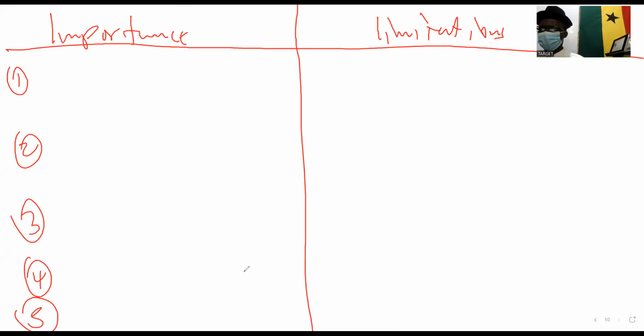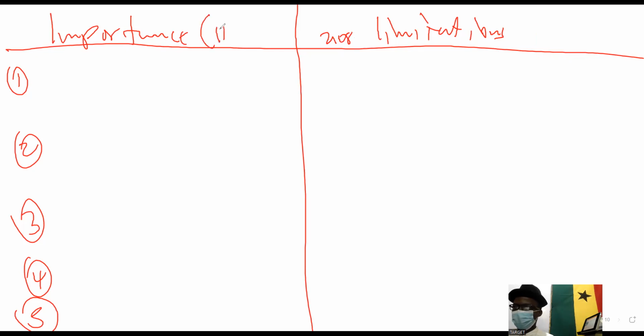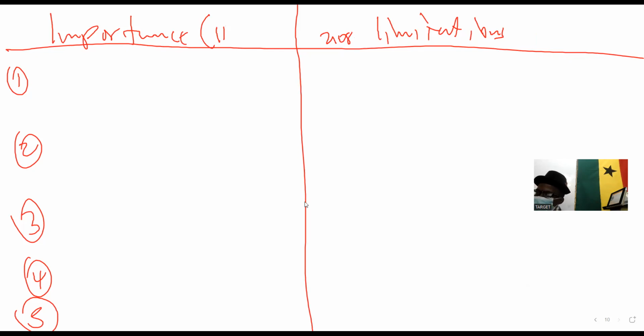Importance of earnings per share. This one came May 2018, ICAN corporate reporting level 3, question number 2A. This one came IFRS financial reporting, November 2021. So all these are examination questions.